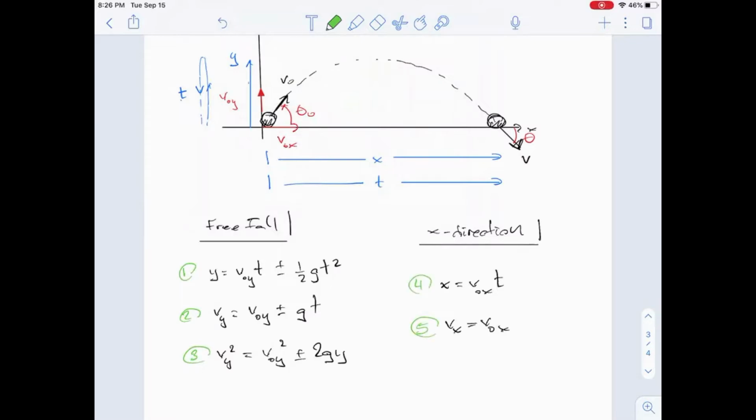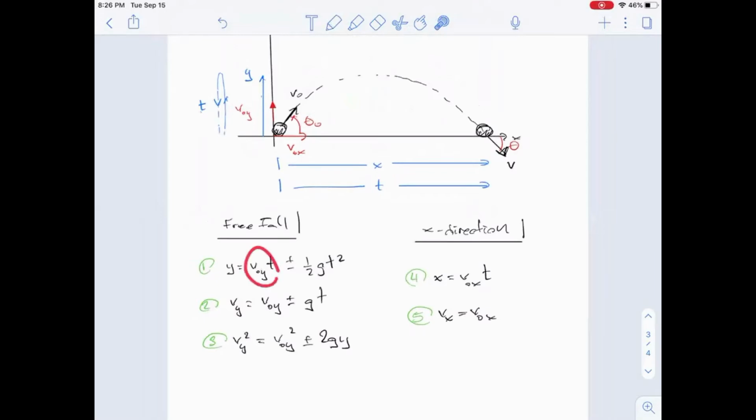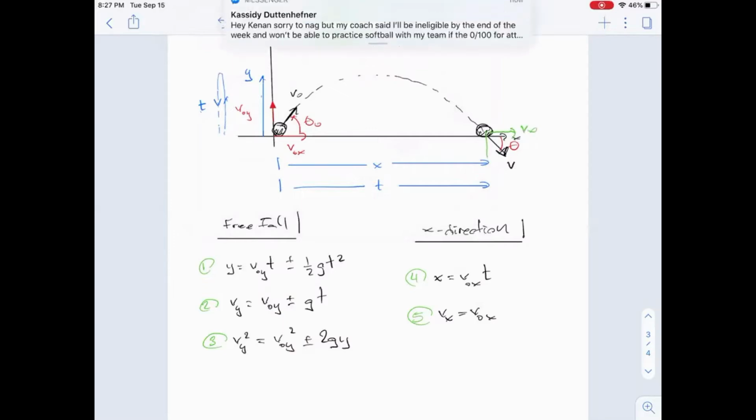The next thing we need to do is express these initial speeds in terms of the angles. We could do the same thing for the final speed as well, because the final speed is also going to have two components. It's going to have a component along the x direction, and a component along the y direction.